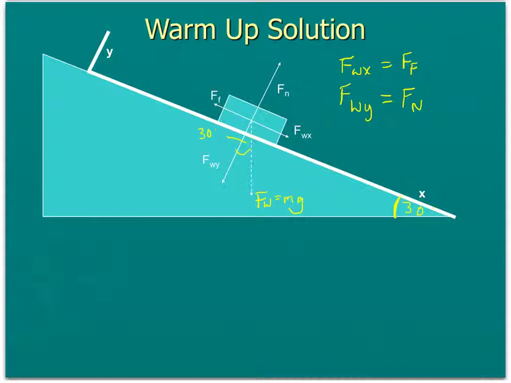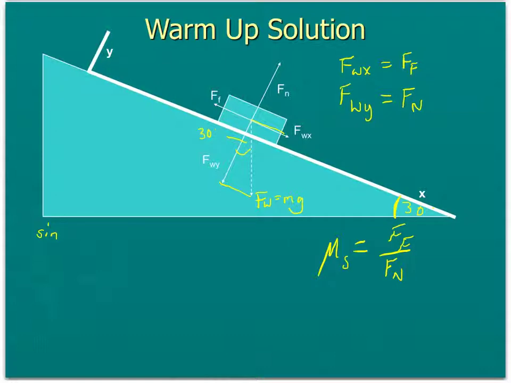Now again, I don't have numbers that I can actually plug in for the mass of this block, but we can write some equations for FWX and FWY, which will ultimately help us solve for our coefficient of static friction. So we need to end up somehow with force of friction divided by a normal force. Keep in mind that FWX is this side of our little parallelogram, and it's opposite that 30-degree angle.